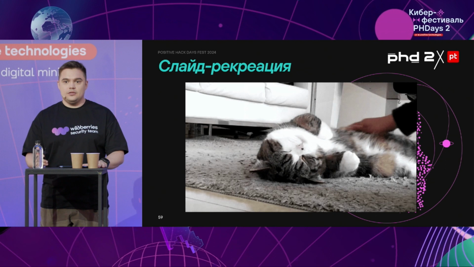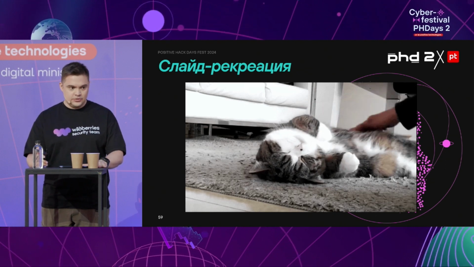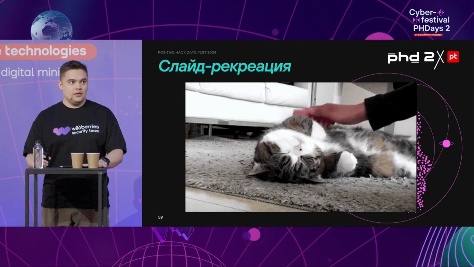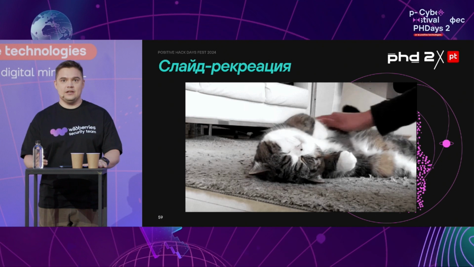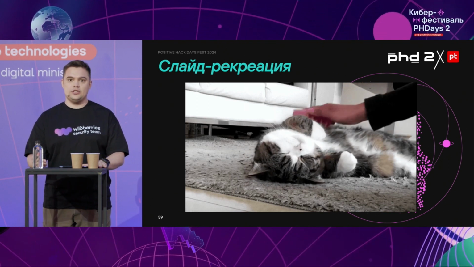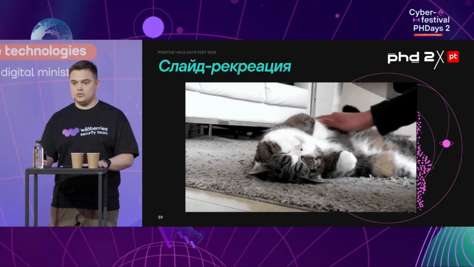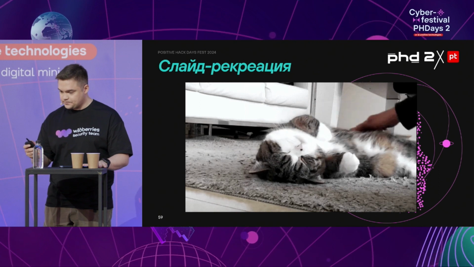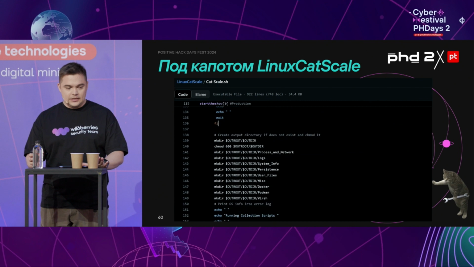Recreation slide. This one is needed because later we'll discuss analytical comparison criteria. But before we proceed to that, I want to look deeper at the tools, to go under the hood, so to say, to understand where the components responsible for data collection are and what would be collected.